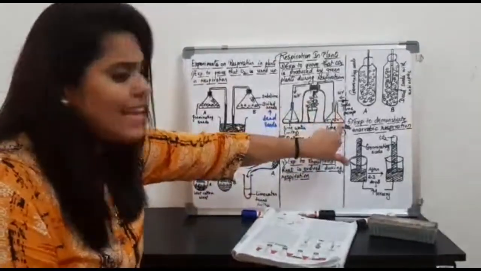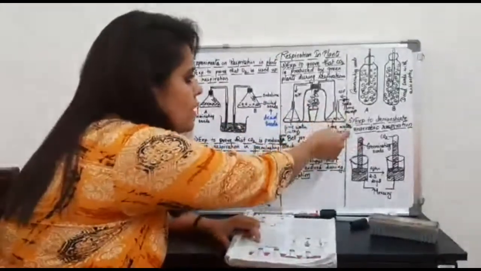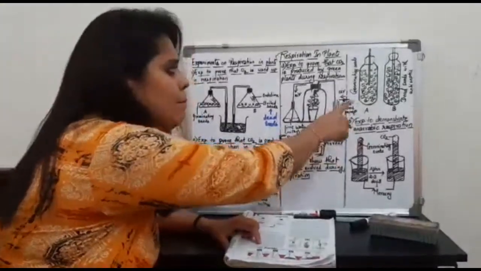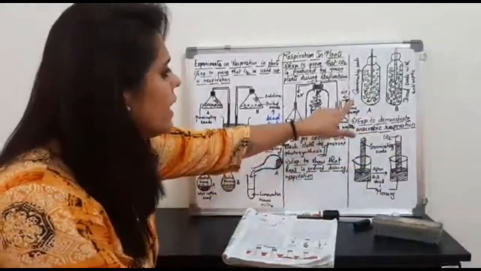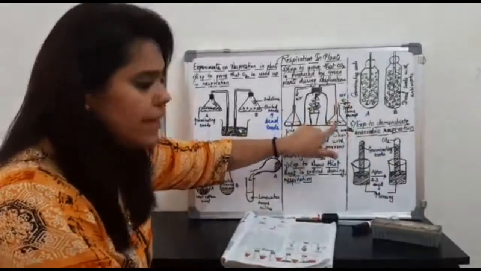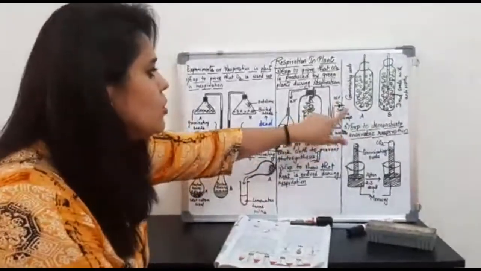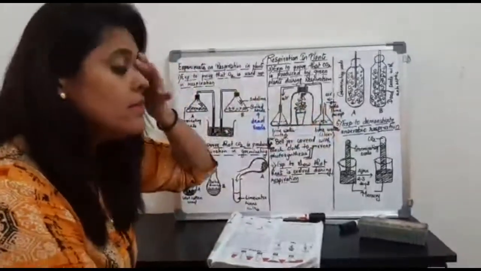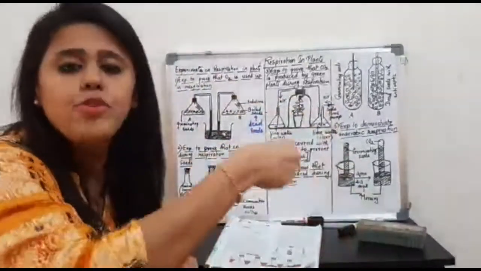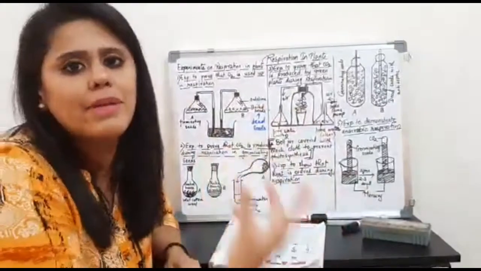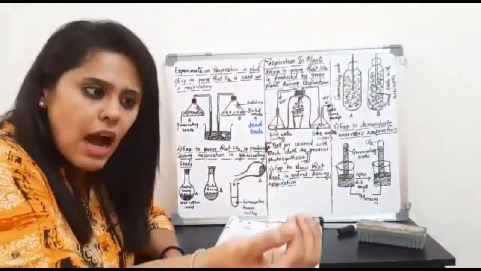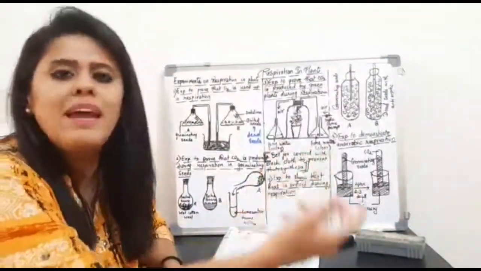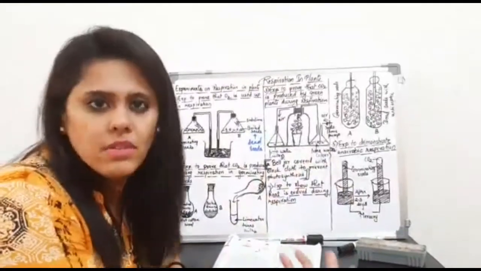On the right side of the conical flask, there is a soda lime pump. The air is allowed to enter through the soda lime pump. Now the soda lime is going to absorb all the carbon dioxide which is present in the air.